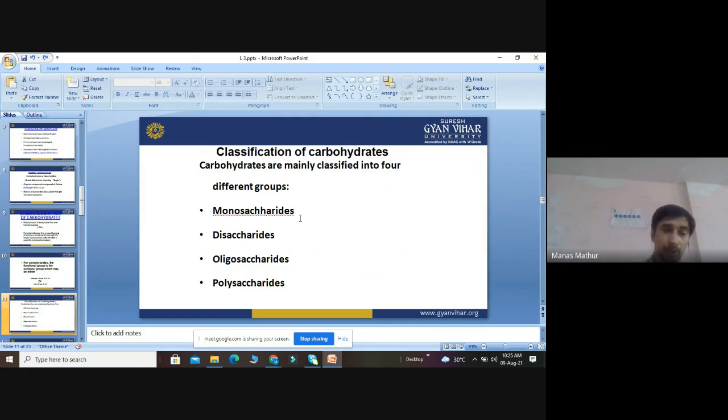Now we will discuss each class in detail, and how we can easily differentiate between these different classes of carbohydrates.